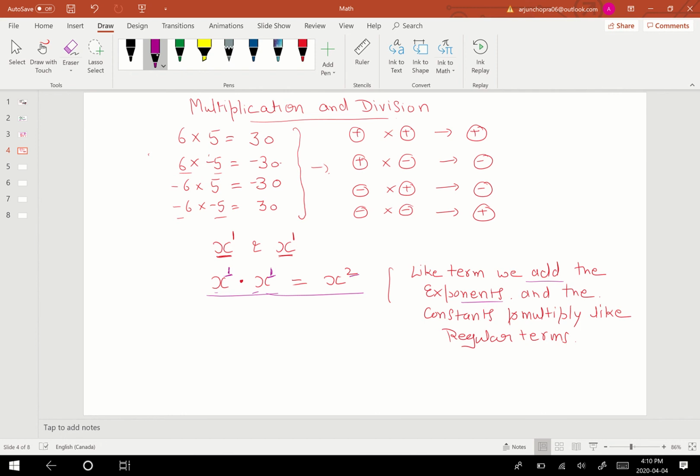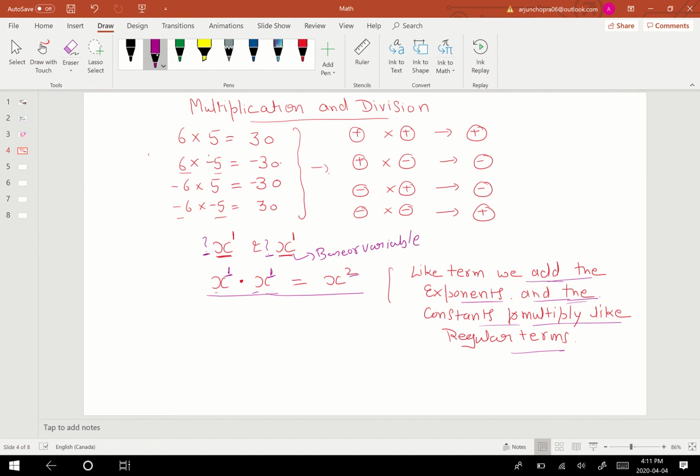Now what is the second part of this? It says when we multiply like terms, we add the exponents and the constants multiply like regular terms. So what are the constants? Remember, the term in front of the variable is called the constant, or the term in front of the base. This is called the base or variable.